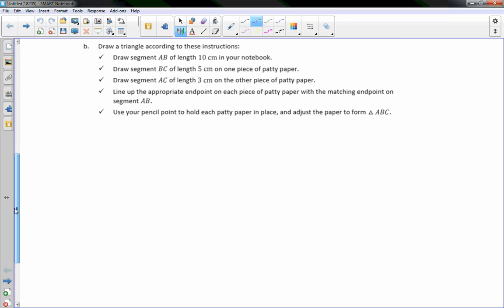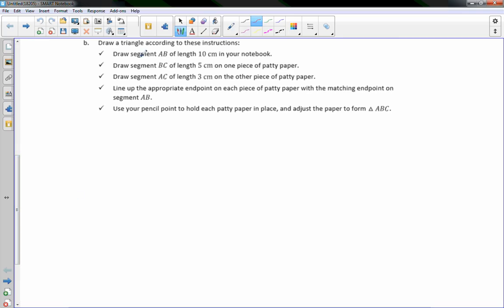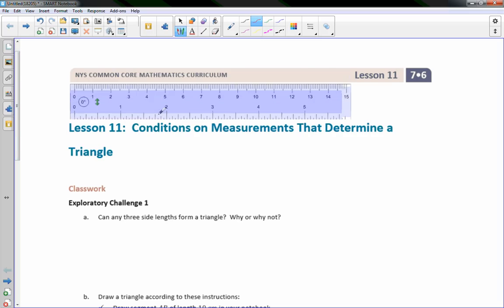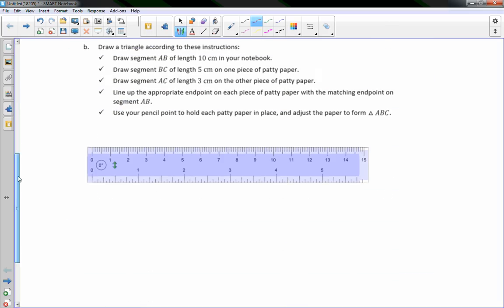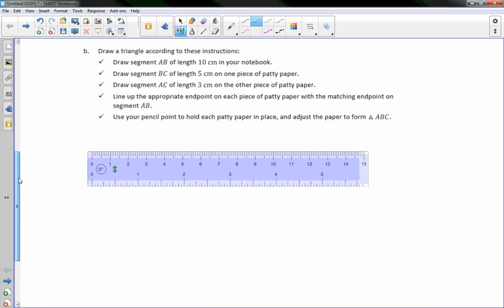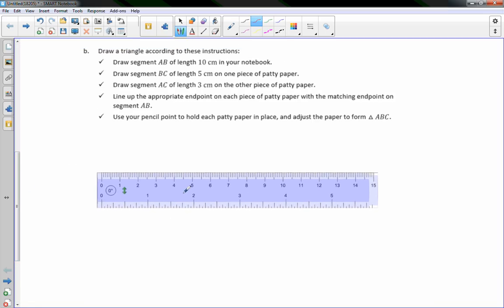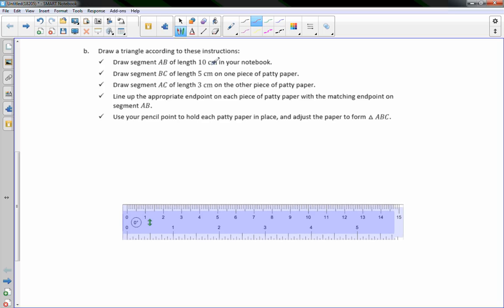B. Draw a triangle according to these instructions. Draw segment AB, length of 10 centimeters in your notebook. So I'm going to get my ruler and draw line segment AB, the length of 10. I start right here at 0, and I go all the way over to 10.